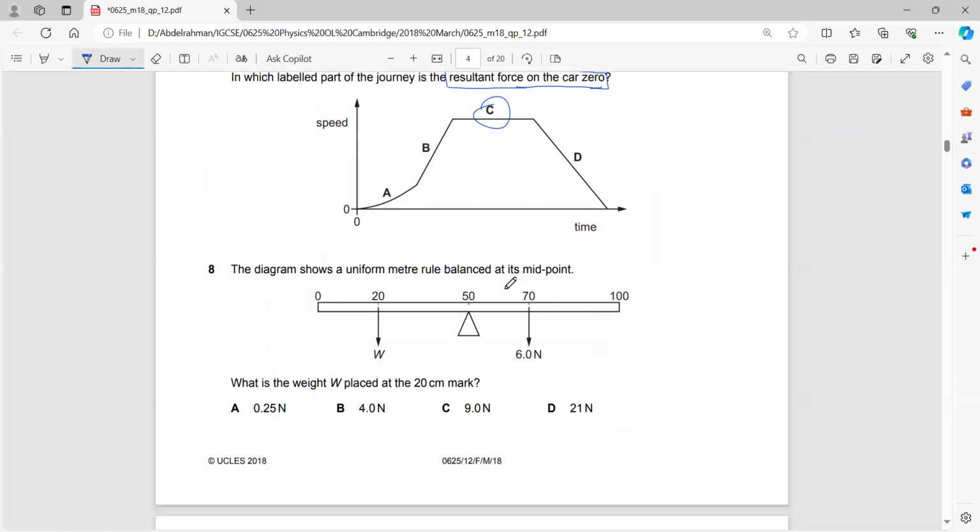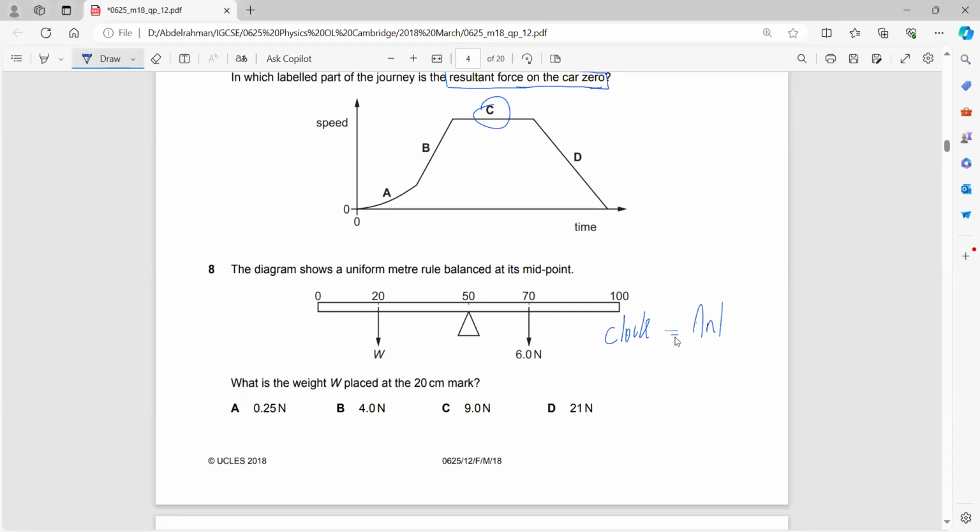Next question. What is the weight W placed at the 20 centimeter mark? How can I find the weight? This is a simple moment question. Clockwise moment equals anti-clockwise moment.